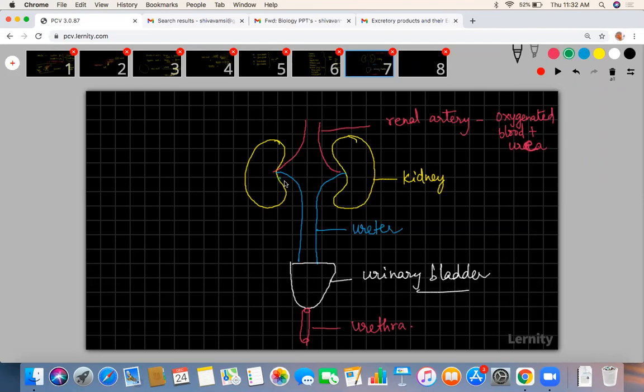Whereas what is coming out is the renal vein. Renal vein will have water, deoxygenated blood without urea.